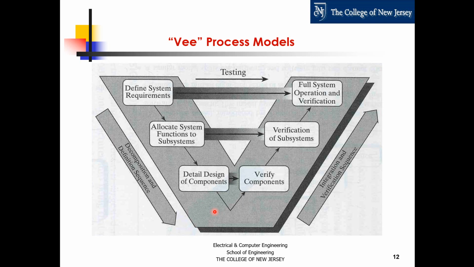That part is called integration and test. Throughout this, you are always testing at some level, whether at the component, subsystem, or system, but you're testing to the requirements that you previously defined at that level.